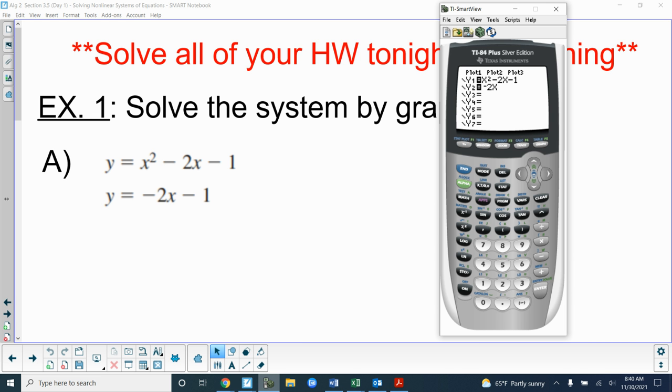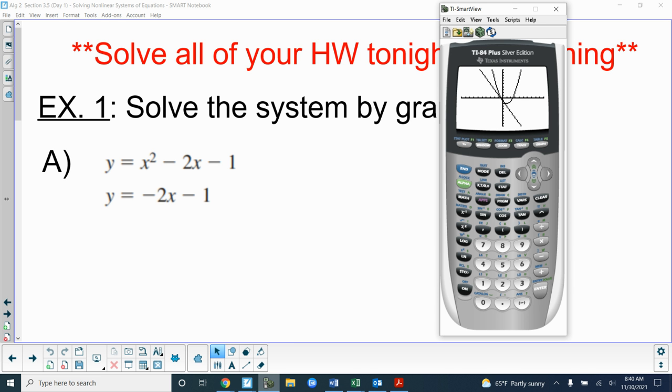And then remember, it'll be our minus button, 1 for the other one. Okay? And it should work if you just hit graph. If it's not working, if it looks kind of weird to you, you can hit zoom 6. That gets you your standard window. There's our standard window. So there's our parabola, and there's our line.